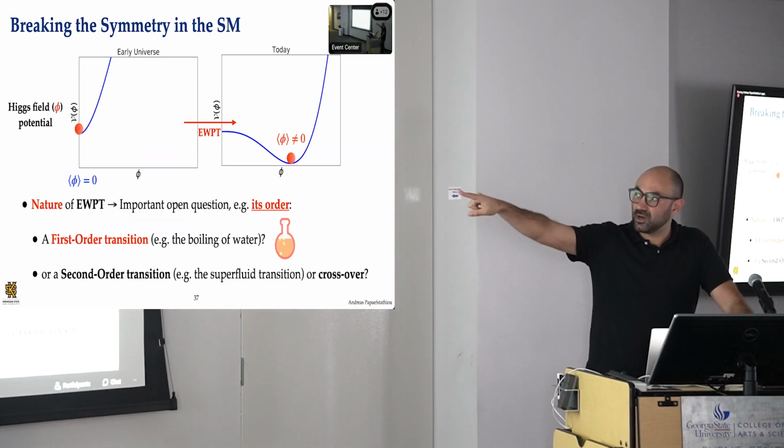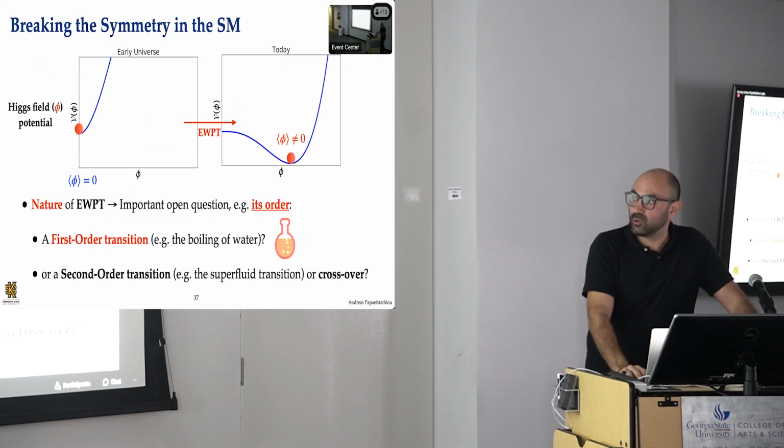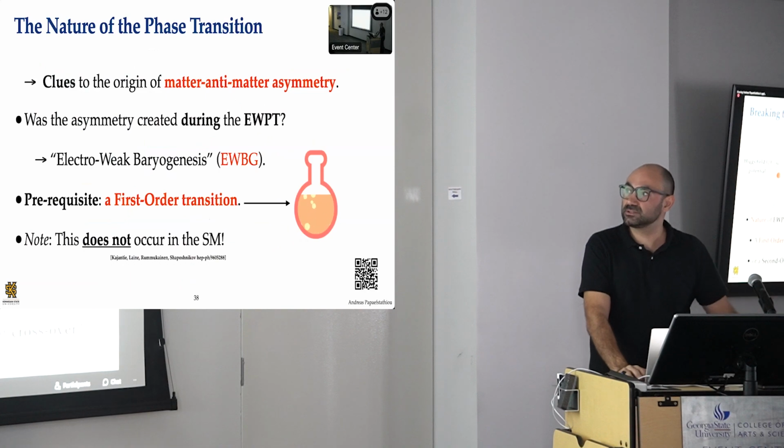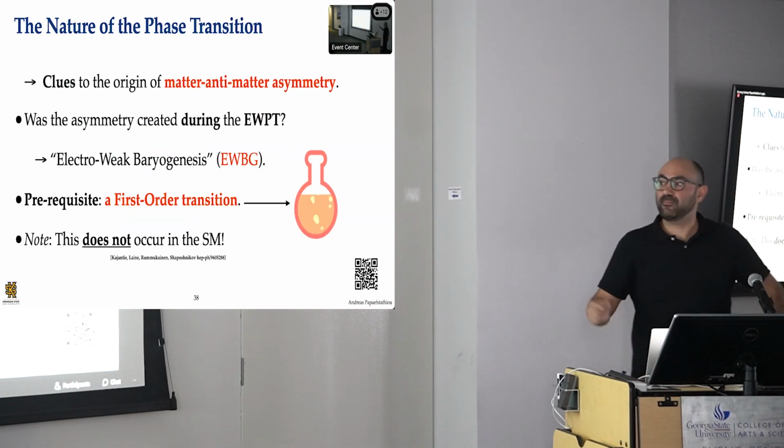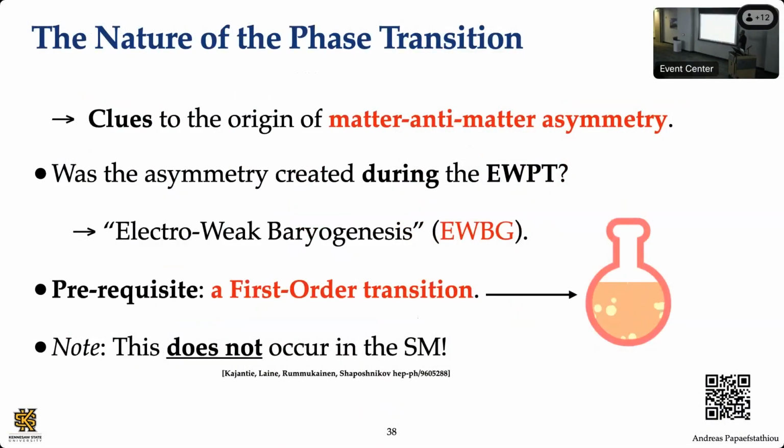How we ended up from the early universe to today, we don't know for sure what the intermediate evolution was. But my claim here is that if we understand that, we may also understand how we got this matter-antimatter asymmetry. And in particular, we can answer the question, was this asymmetry created due to some process that was active during this transition from symmetric to non-symmetric? And this is called electroweak baryogenesis.